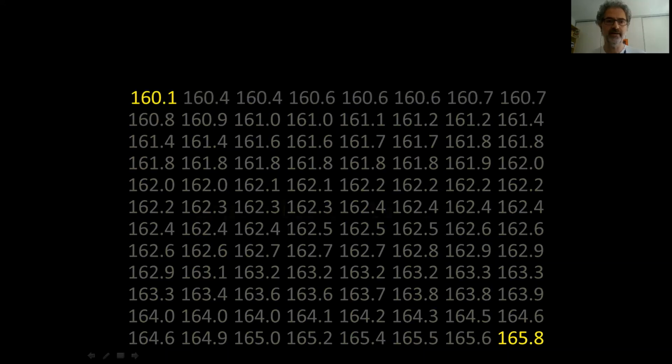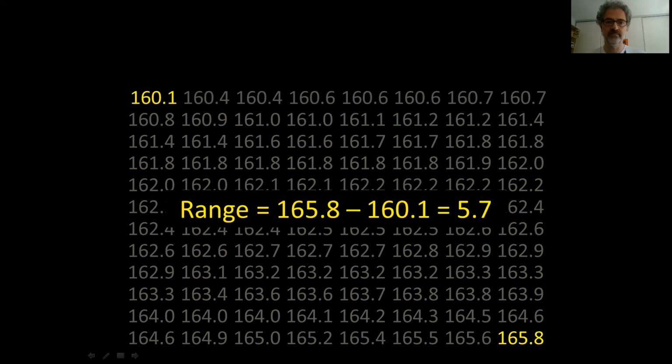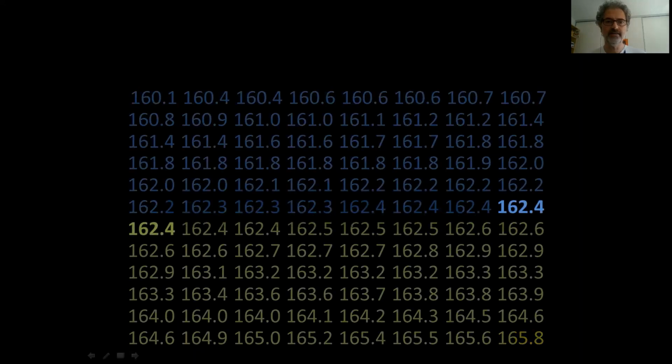And these define the range. The difference between the smallest and the largest defines the range. We can divide these into 2 halves so that the 1/2 smallest values are here and the 1/2 largest are here. And in the middle is the median. In this case, the largest value of this 1/2 is the same as the smallest of this 1/2, and this is our median.